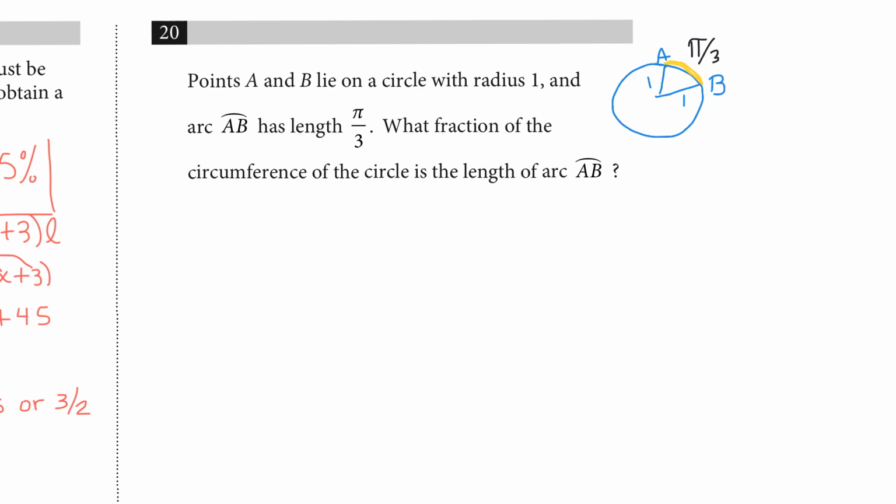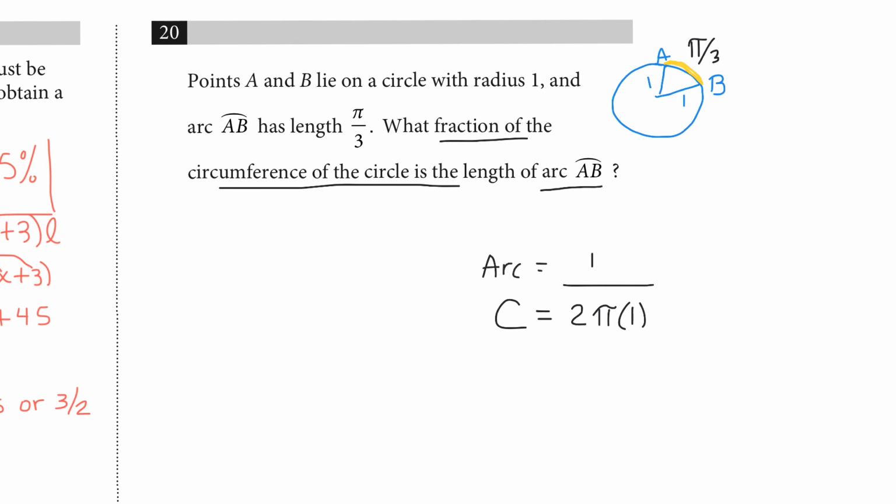Okay, so that's part of the circumference, right? So it says what fraction of the circumference of the circle is the length arc AB? Well, the circumference is 2 pi r, and r in this case is 1. So we have 2 pi, and the arc measures pi over 3.